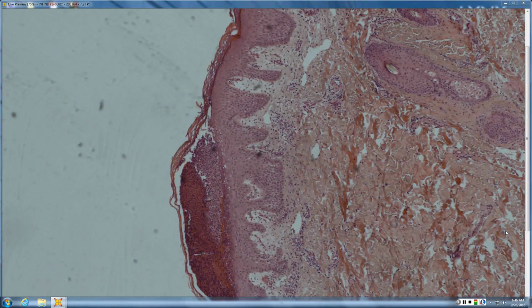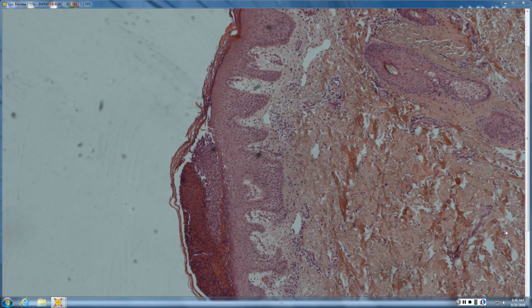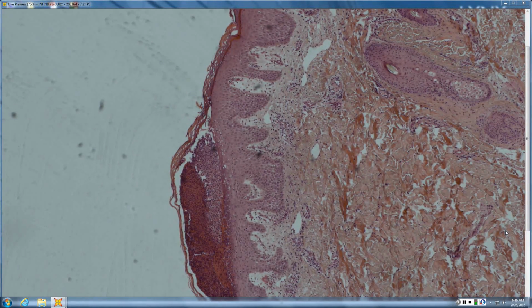And by the way, in psoriasis, which we didn't really see in the last one, you certainly can get the intracorneal pustules, the Munro microabscesses. You can get the intraepidermal pustules, so if it's more in the epidermis itself, little collections of neutrophils. That's the spongiform pustule of Kogoj.